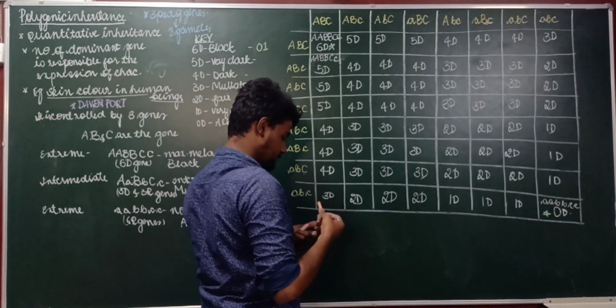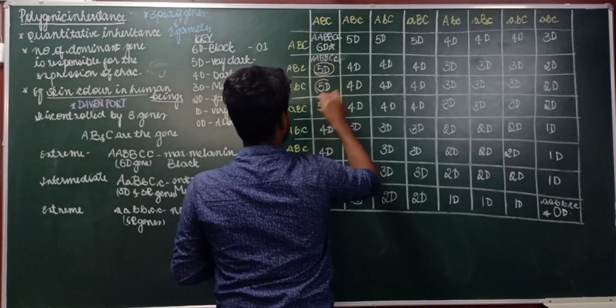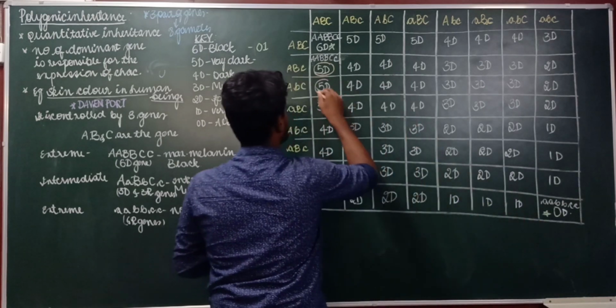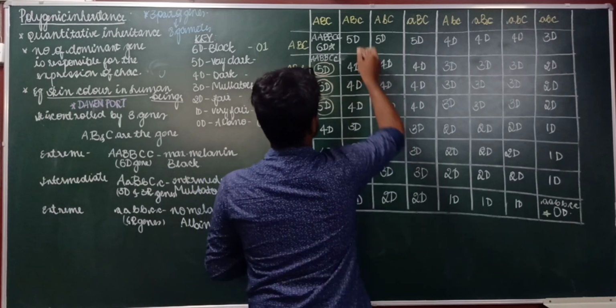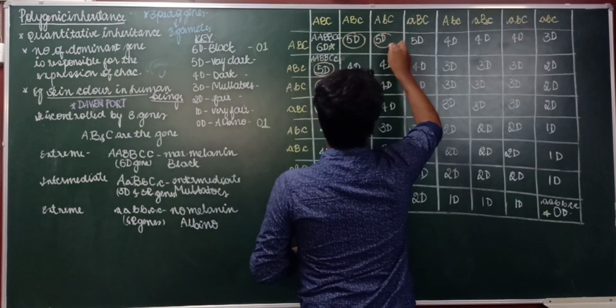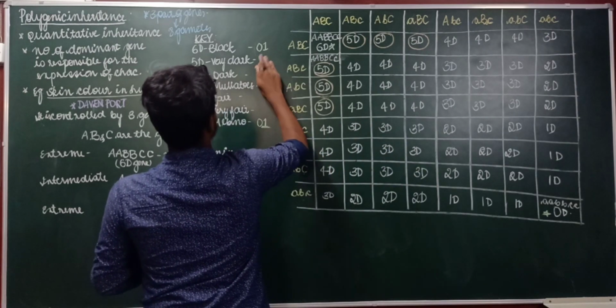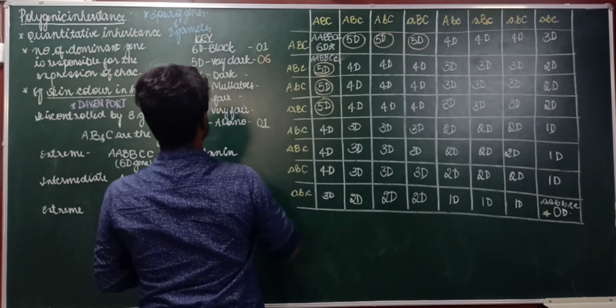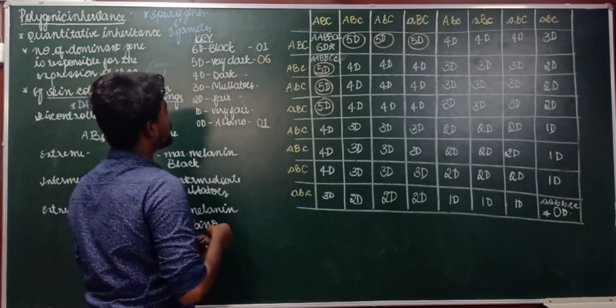Yes, let me take an orange color. 1, 2, 3, 4, 5 and 6. Yes, there are 6 5 dominant genes, so I'm writing it as 6. Sorry, we'll go with the 4 dominant genes.